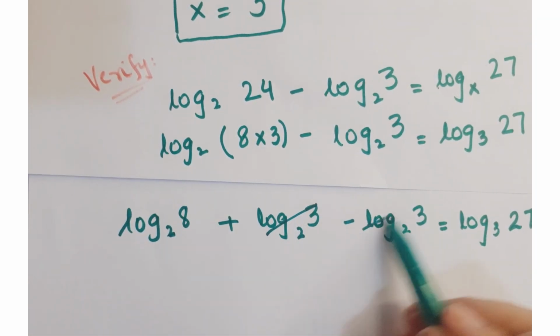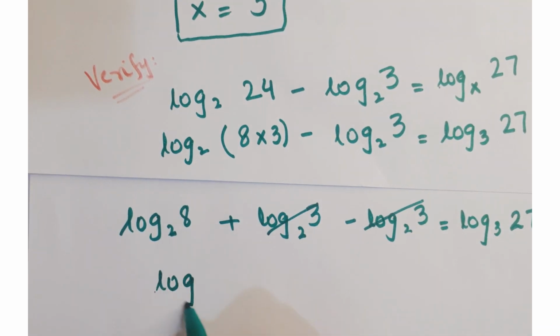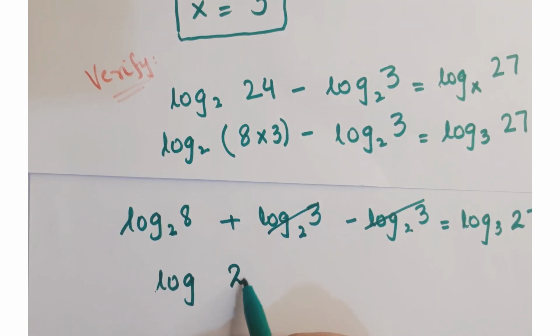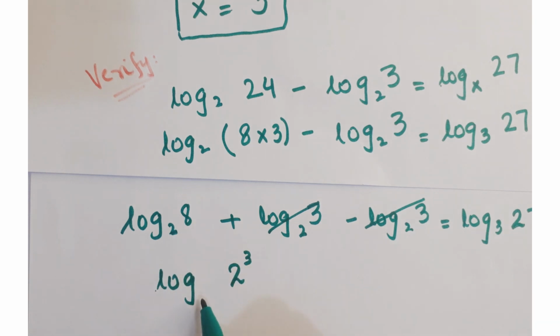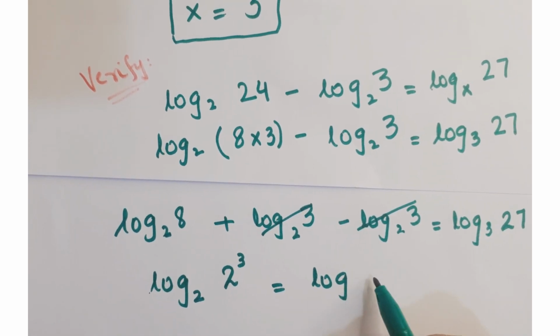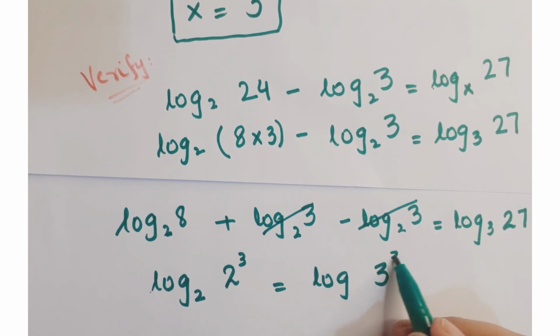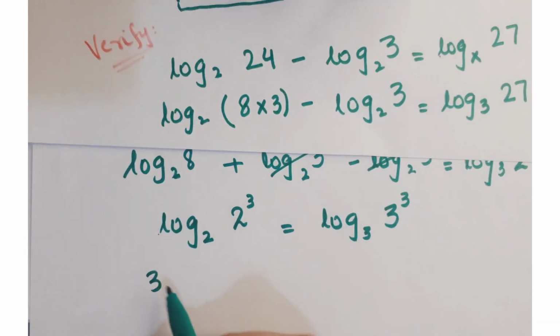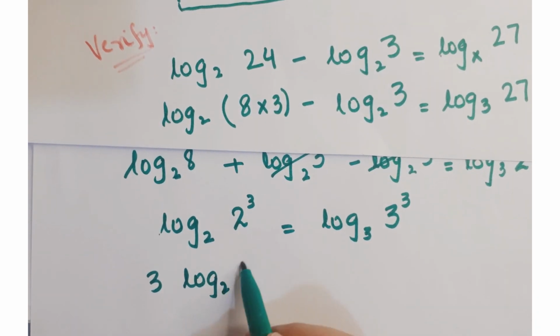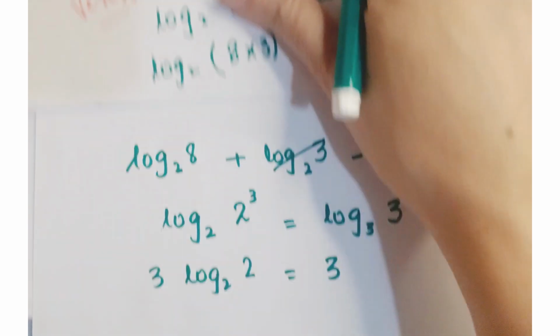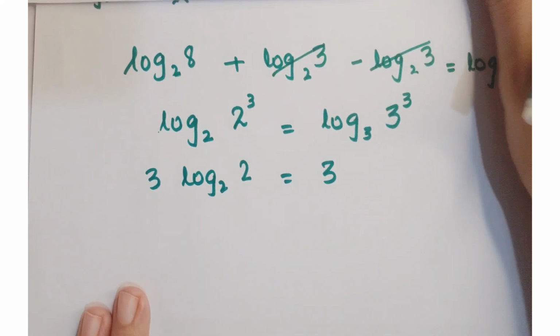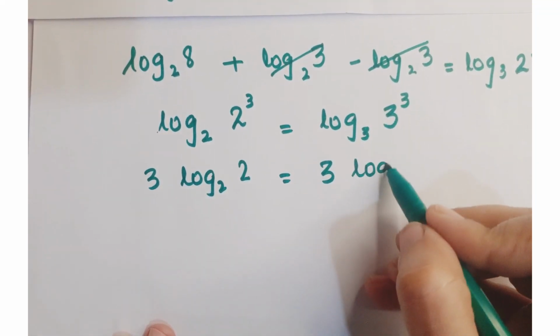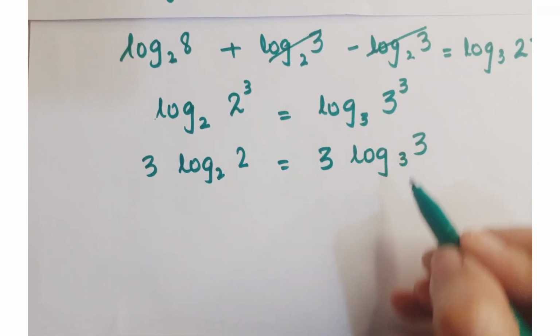Now this term gets cancelled. You can write this as log of 2 to the power 3, just write this 8 as 2 cube, is equal to log of 3 cube to the base 3. Now just bring 3 on your right hand side: log of 3 to the base 3.